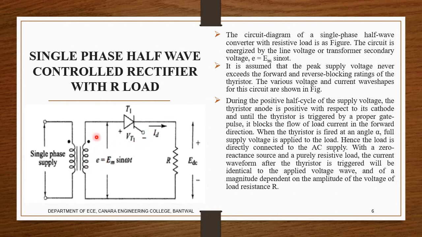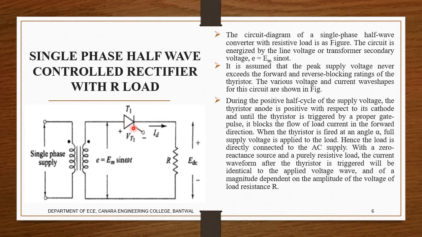In the positive half cycle of the supply voltage, the thyristor anode is made positive with respect to the cathode, which is negative. Unless we provide a gate voltage to it, it will not work. Till then it will be blocking whatever the voltage is.